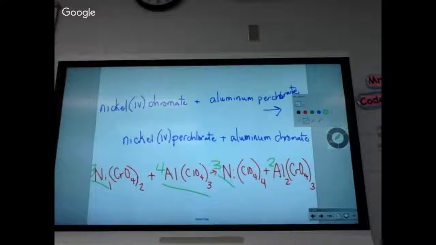Okay? I want you to do the bottom 4. The bottom 4 word equations. I want you to do those 4, and I want to see where we're at.